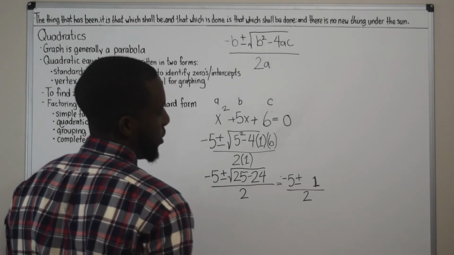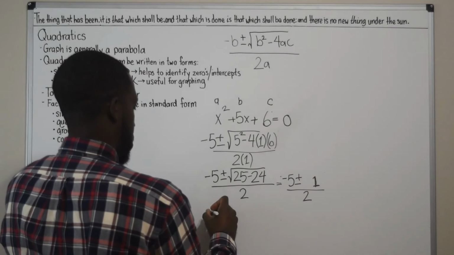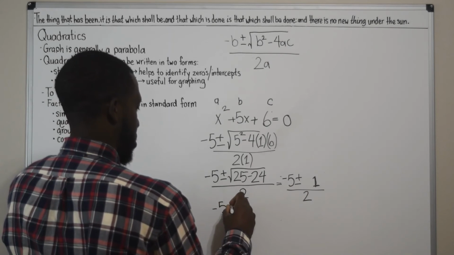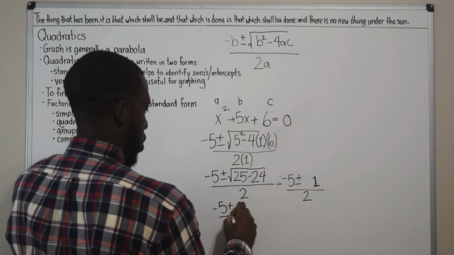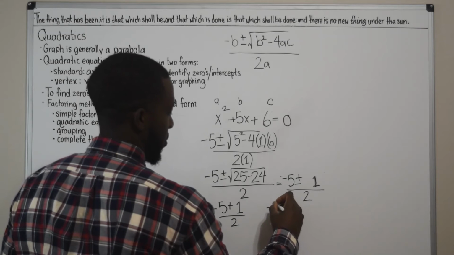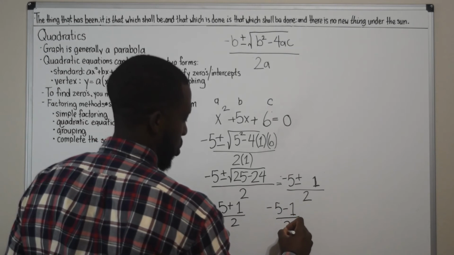All right, so now remember we have two answers. We have negative 5 plus 1 over 2, and then negative 5 minus 1 over 2.